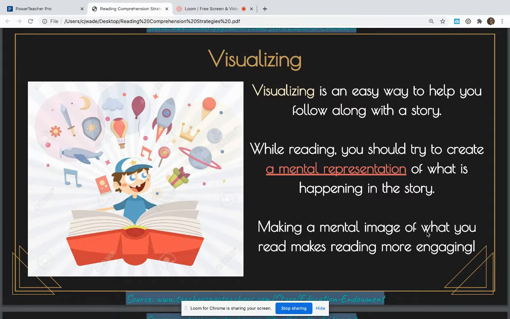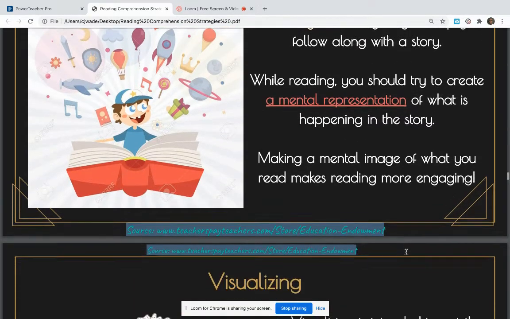When I read the words, I'm creating an image of what is going on in the text.